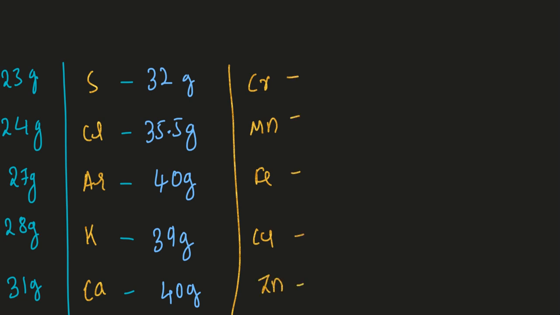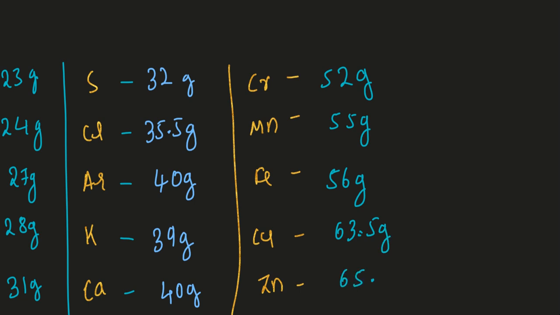Whatever it is, if I ask you even in your deep sleep, you have to answer the molar mass of the given element. So what is chromium? 52 grams, manganese 55 grams, iron 56 grams, copper 63.5, zinc 65.4 grams. Why am I saying this?